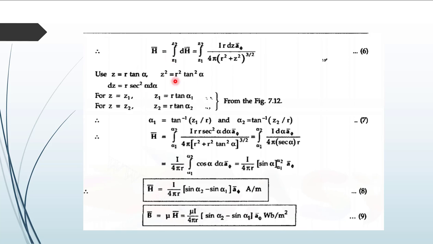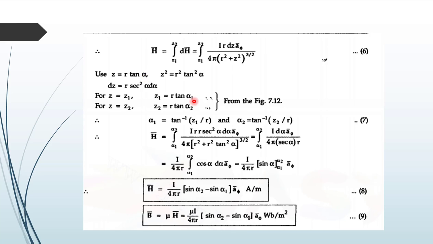So we will use some identities. Let z be equal to r tan alpha. So dz will become r sec square alpha d alpha. As there is a z square present, we will consider that z square is equal to r square tan square alpha. Now we have to change the variable to alpha.